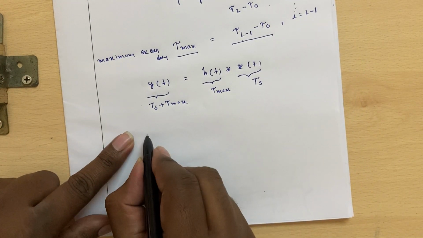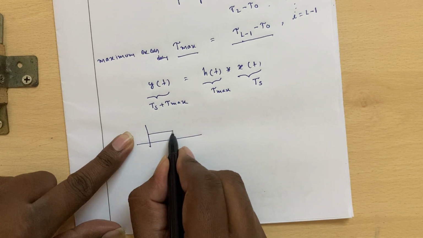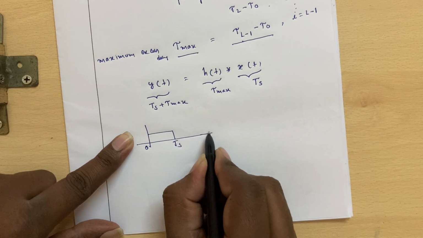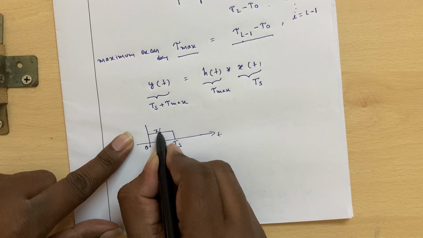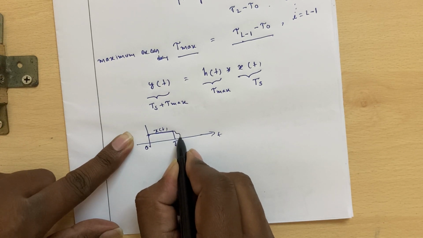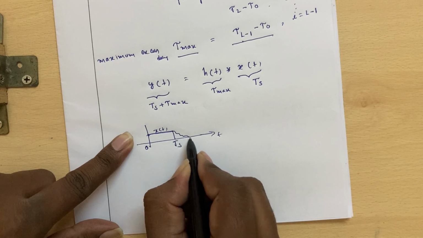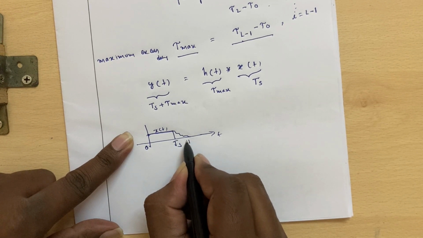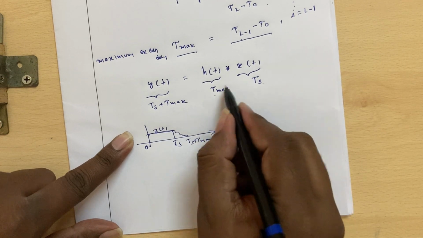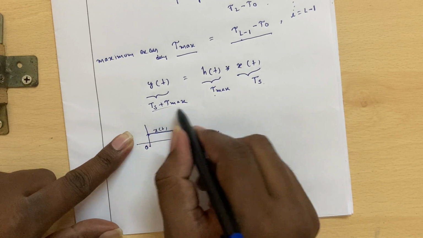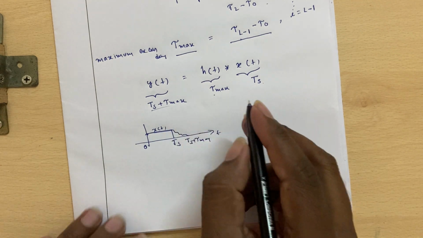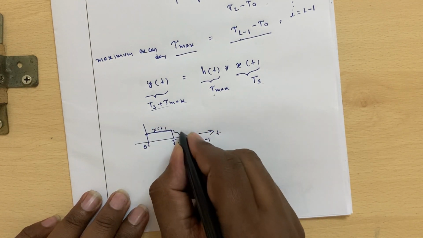We transmit a pulse of duration Ts, x(t), and what we receive, y(t), will be longer, Ts plus tau max, because after convolution the total duration is added.